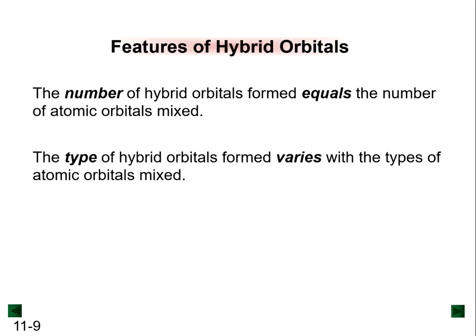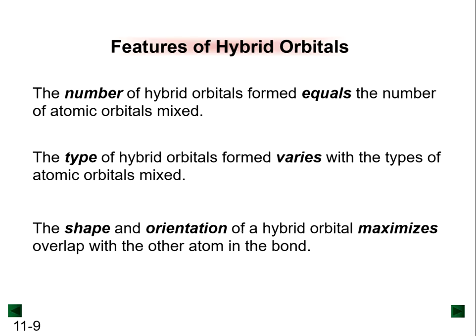The type of the hybrid orbitals formed varies with the types of atomic orbitals mixed, and we simply label them by the number of each atomic orbital that we use. The shape and the orientation of a hybrid orbital maximizes overlap with the other atom in the bond, and this ties back to our concepts of symmetry.